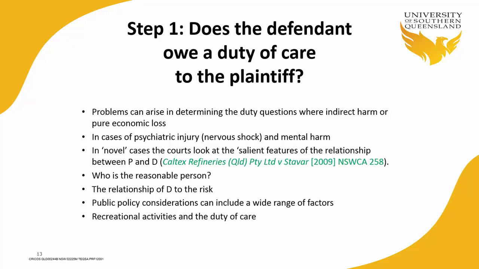Okay, so here you'll find that in cases of psychiatric injury and also mental harm, the law has taken a restrictive approach to compensating people who have suffered no physical injury. So it's more difficult for you to be able to get compensation if there were no physical injury, but the person has been left with psychiatric or mental problems as a consequence.